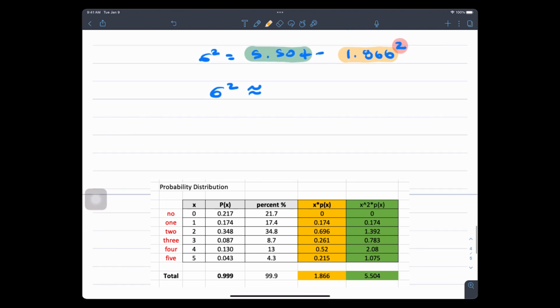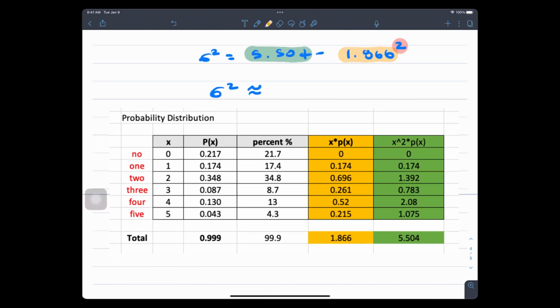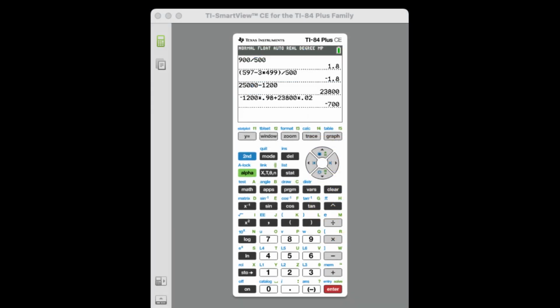Let's move it down here. That's what you guys do. Now we're going to use the TI and we're going to compute this variance. All right, TI. 5.504 minus 1.866.